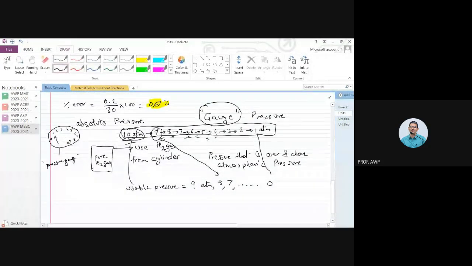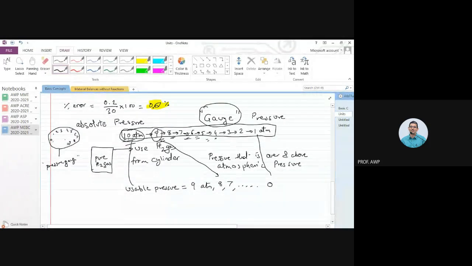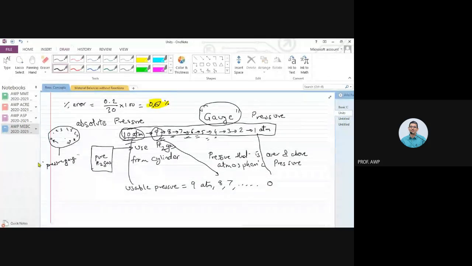So even if the pressure gauge was not connected to the cylinder, it would have read 0. Why? Not because absolute pressure is 0, but because the pressure that is registered by the gauge is atmospheric pressure, because it is open to the atmosphere, so air is there inside.